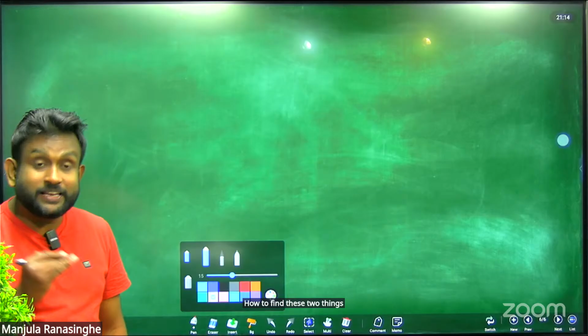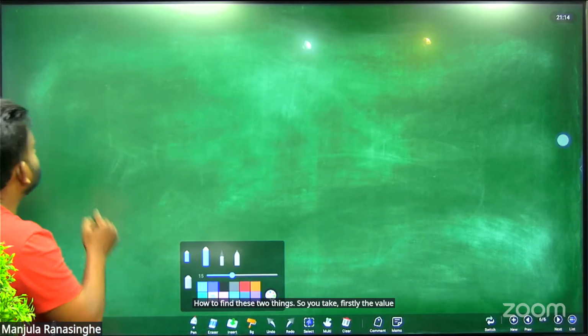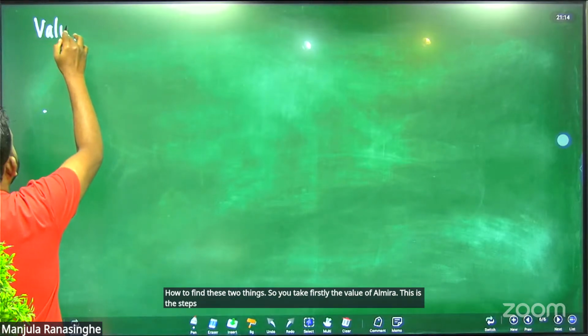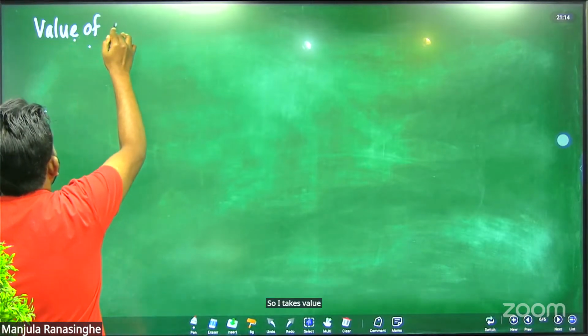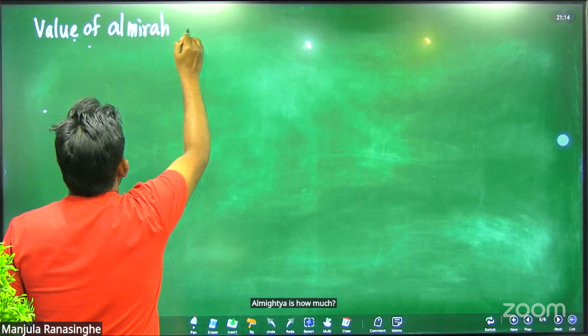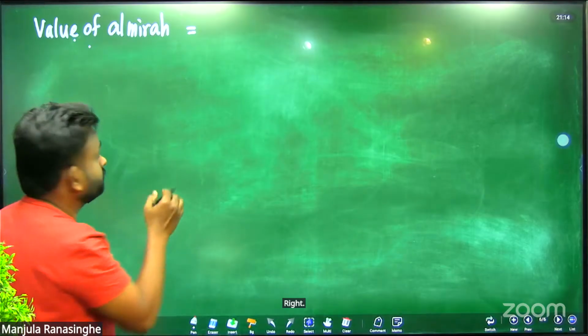These are the steps. Firstly, take the value of the Almira: rupees 30,000.